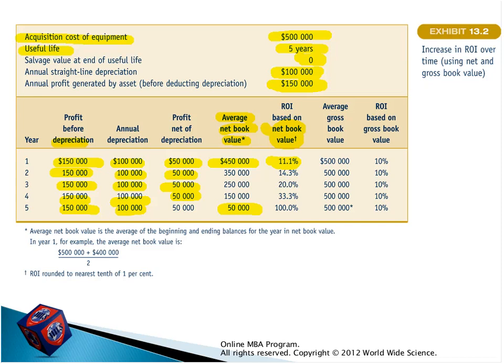Have you seen in the chat board what I'm typing for you, for how we got the 14.3%? It is the same thing we do. 50,000 of profit divided by your average net book value, which in the second year is 315.